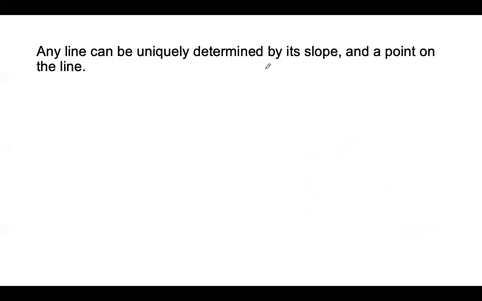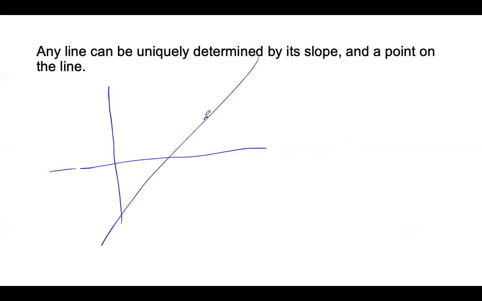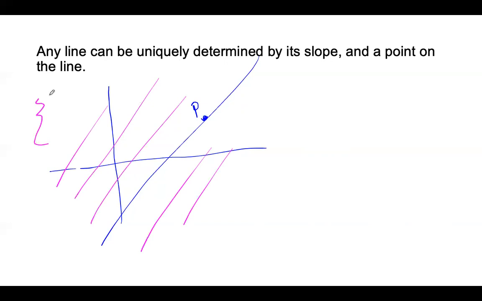So any line can be uniquely determined by its slope and a point on the line. So essentially, if you have, let's say, a point here, and then we have, let's say, other lines with slopes equal to 1.